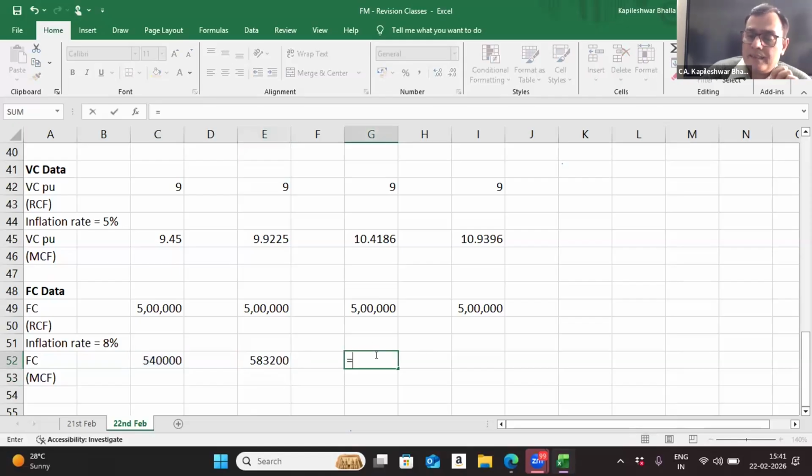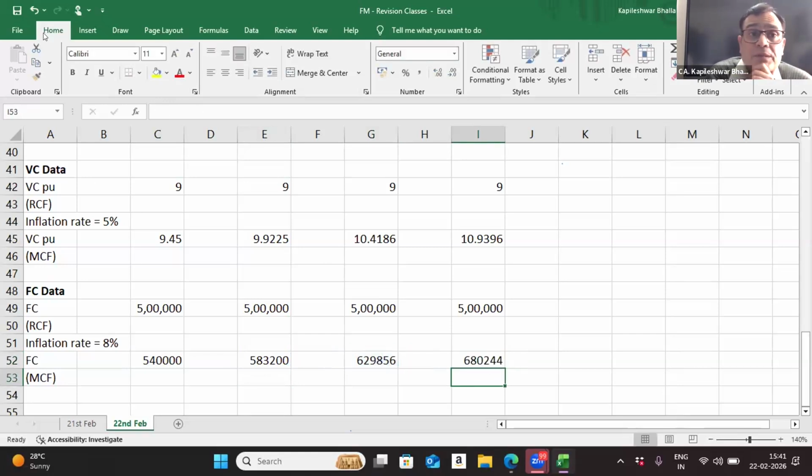And we again take this as a base, so into 1.08 raised to power 1. And again, we take this as a base, so this into 1.08 raised to power 1 again. I hope the calculations are correct.